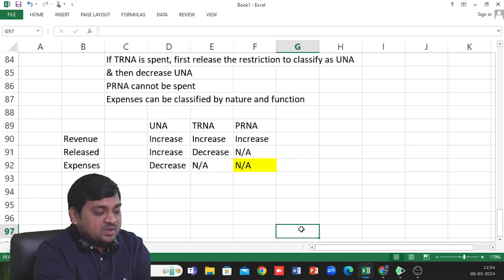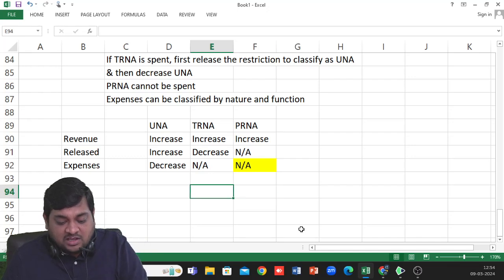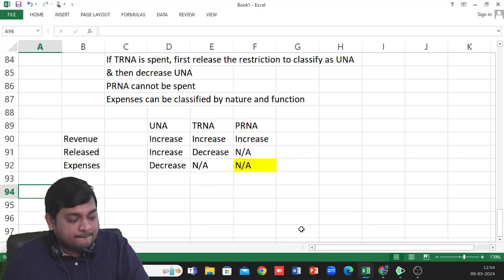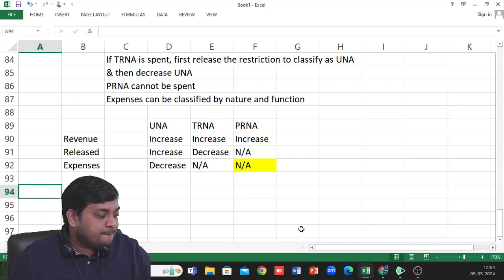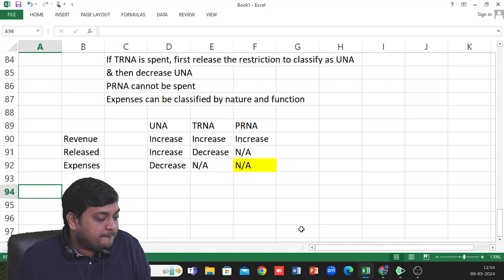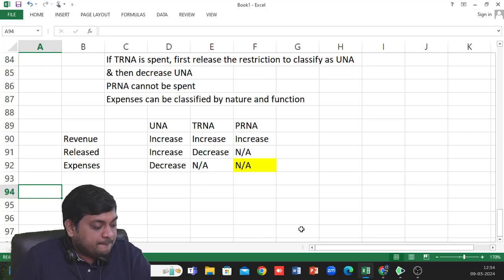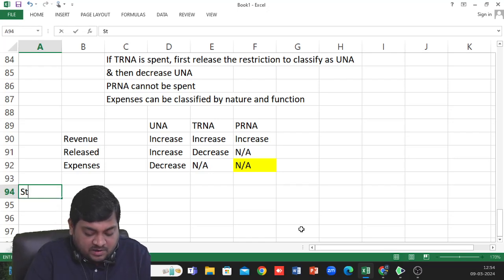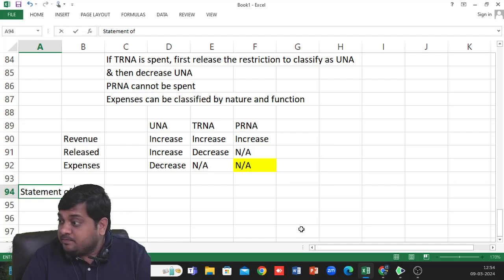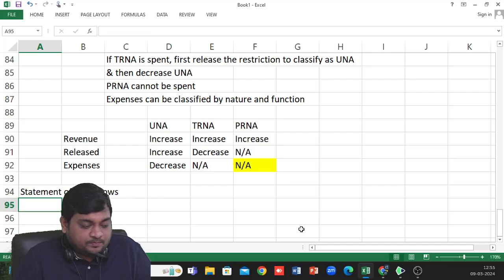So let us talk about the statement of cash flows.